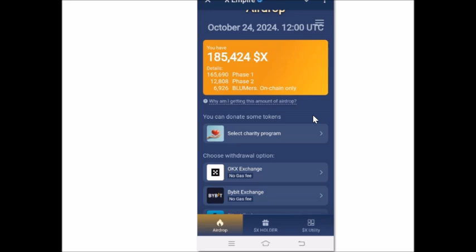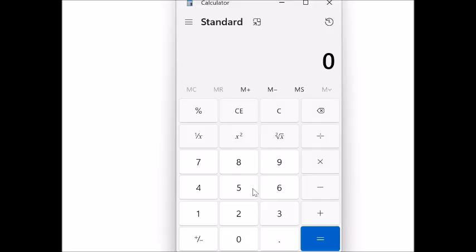On another note, some people have postulated that Xempire is going to list for 0.0002. So our allocation again is 185,424. So we go for 185,424 multiplied by 0.0002. With this, what you're going to have is $37.